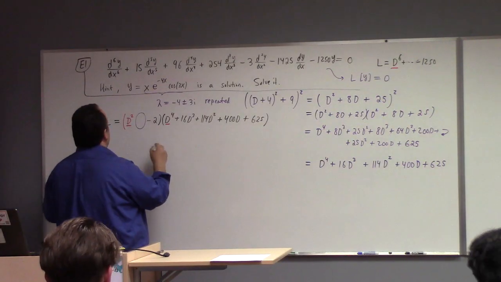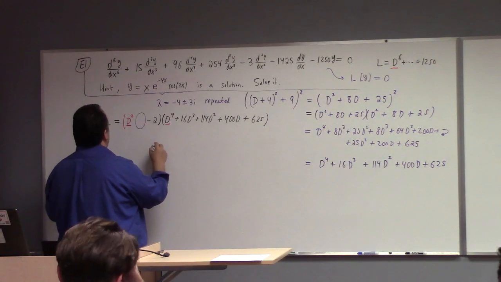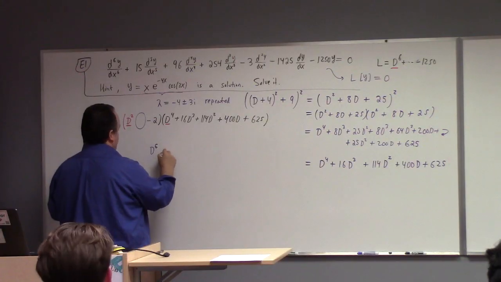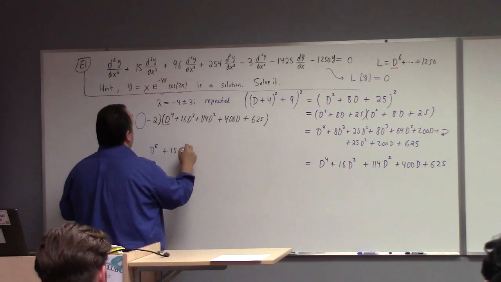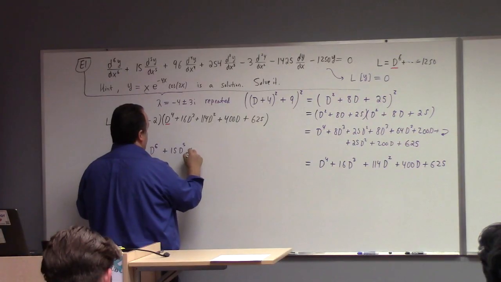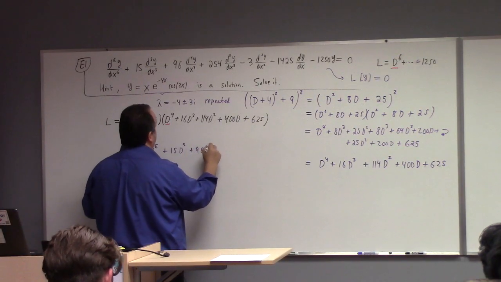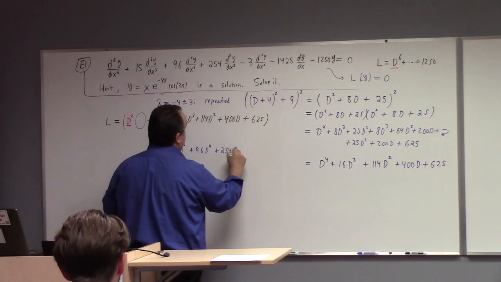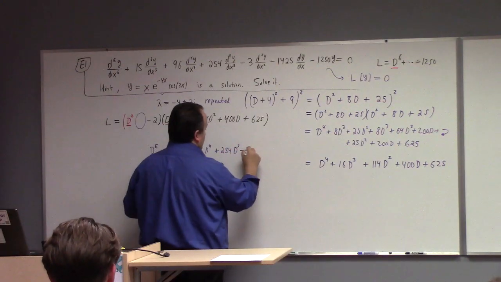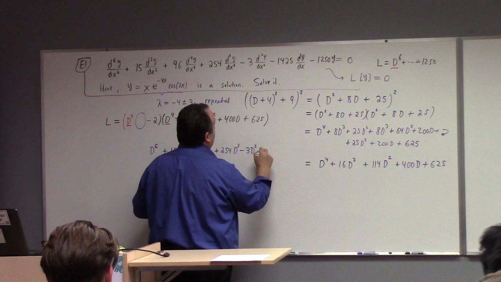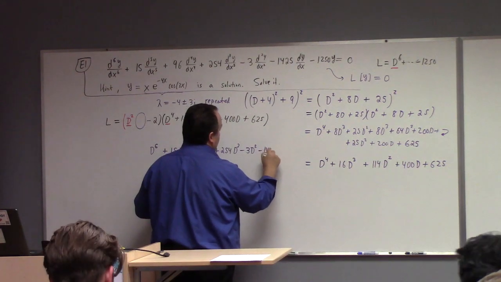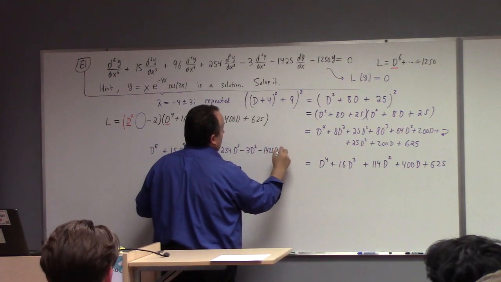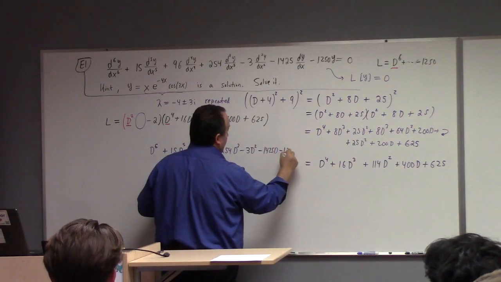So the technique is this. We've got d to the sixth plus 15d to the fifth plus 96d to the fourth plus 254d cubed minus 3d squared minus 1425d minus 1250.